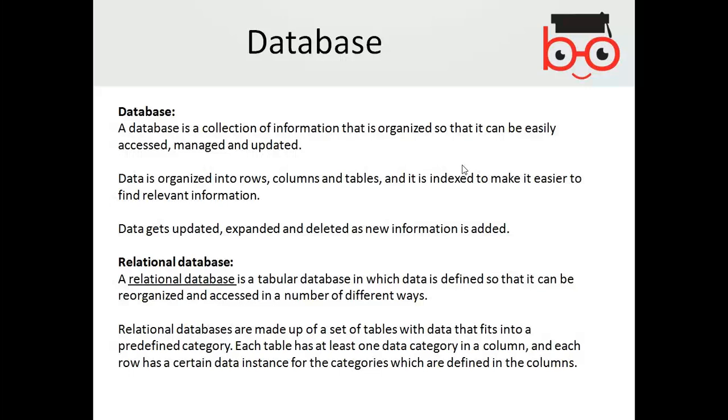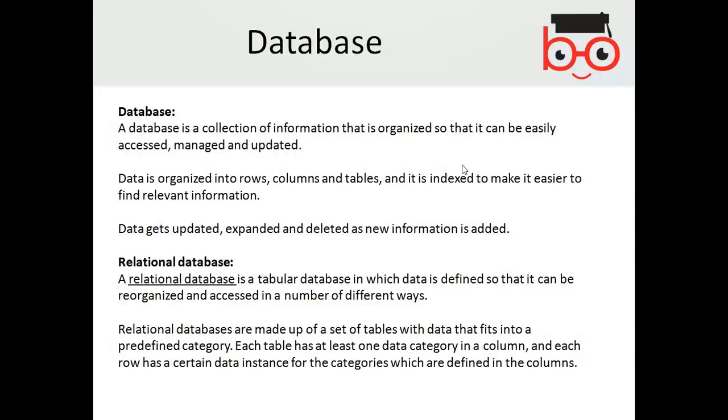Normally, the data is organized into rows, columns, and tables. It is indexed to make it easier to find relevant information. So indexing is like, you arrange the data. For example, you might have seen books, and there is a table of contents, and the table of contents is normally indexed.